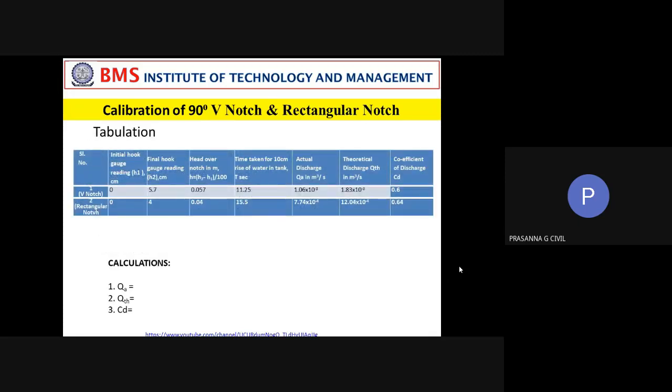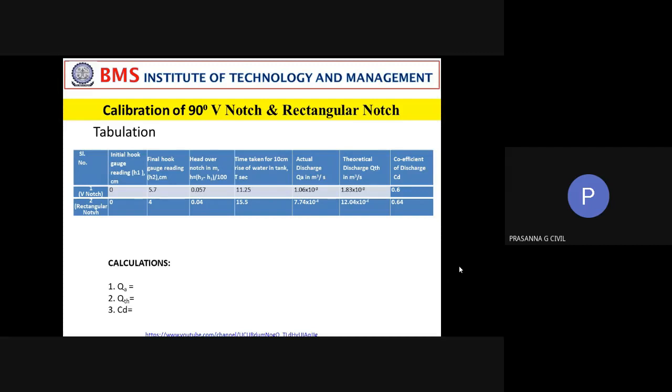For the tabulation, one reading each of the V notch and the rectangular notch are shown. The initial hook gauge reading, fixed at the crest of the notch, is recorded as 0. The final hook gauge reading is at the water level for a particular discharge, where the hook gauge is touching the surface of the water. The head over the notch is taken as H2 minus H1 and divided by 100 to convert it into meters.